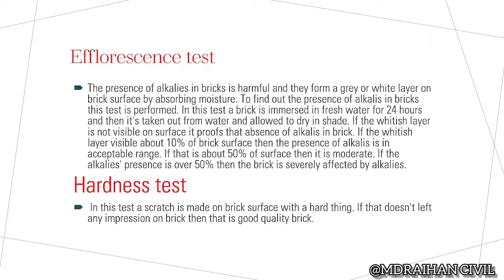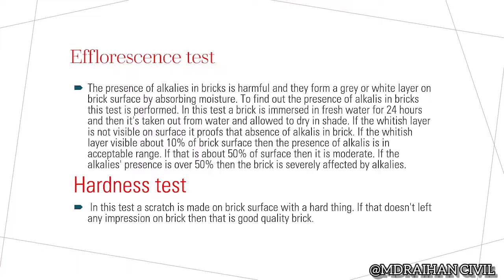Efflorescence test. The presence of alkalis in bricks is harmful, and they form a grey and white layer on the brick surface by absorbing moisture. To find out the presence of alkalis in bricks, this test is performed. In this test, a brick is immersed in fresh water for 24 hours.